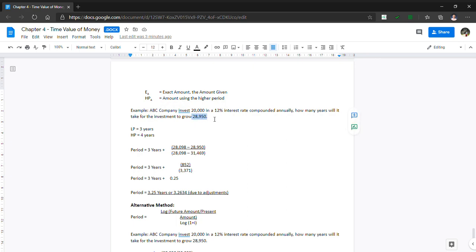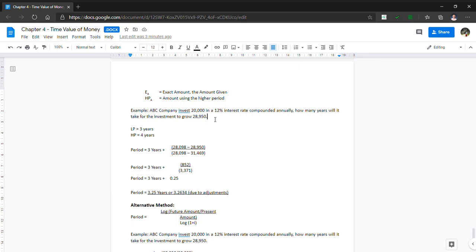That yung 28,098, that is still lower than 28,950. So hindi pwede yung 2 years kasi nga yung 3 years nga is lower din kesa sa gusto nating amount. So 2 years is disqualified. 3 years is pwede pa ring candidate for a lower period.